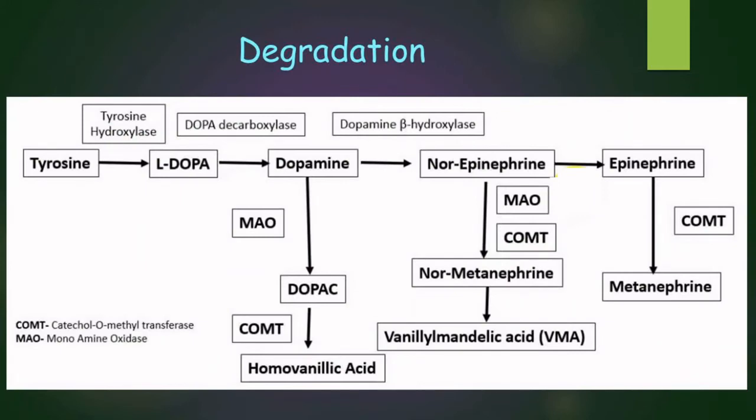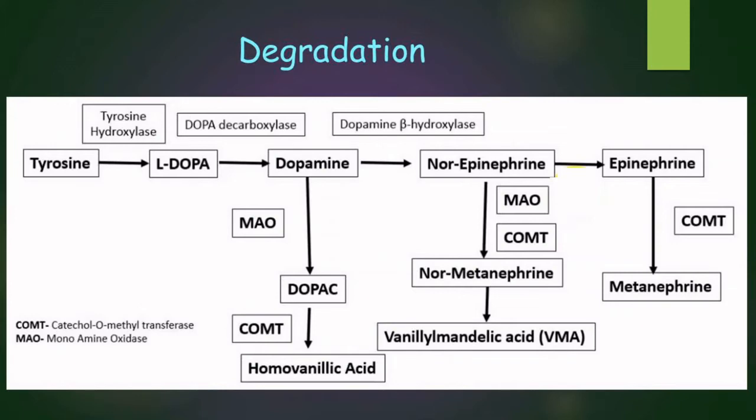So we have seen up to here tyrosine converted to DOPA, DOPA converted to dopamine, dopamine converted to norepinephrine, and norepinephrine converted to epinephrine. For the degradation, catechol O-methyltransferase and monoamine oxidase are the major enzymes involved.